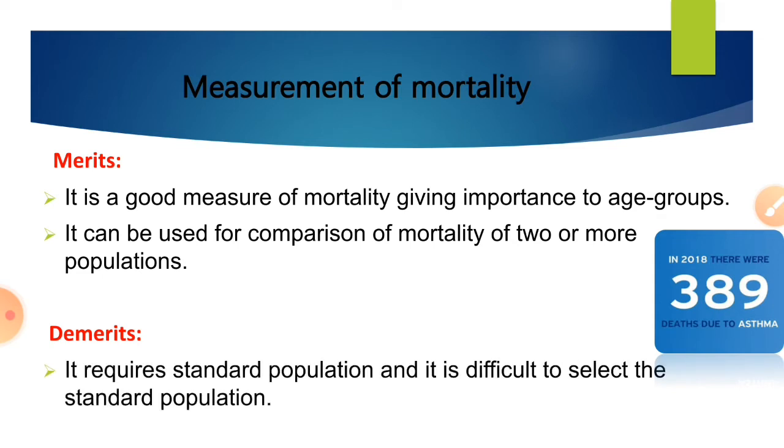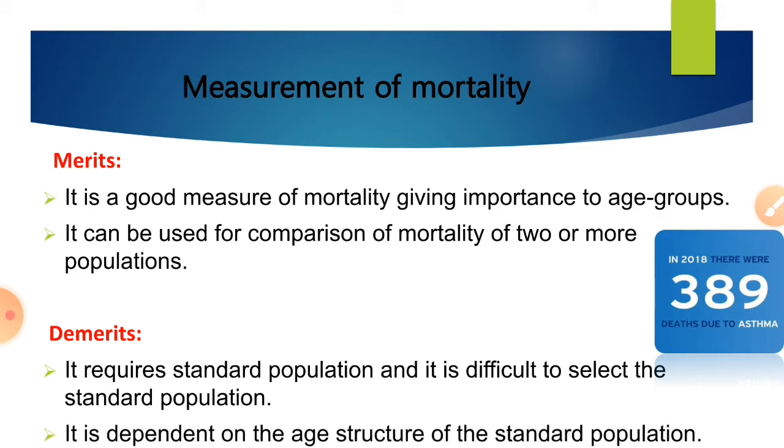The first demerit is, it requires a standard population and it is difficult to select the standard population. The second drawback or demerit is, it is fully dependent on the age structure of the standard population.